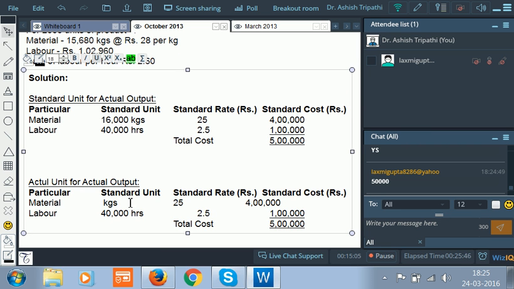Actual material is 15,680 kgs and actual rate is 28. So if you multiply that, 15,680 into 28 will give you 4,39,040.